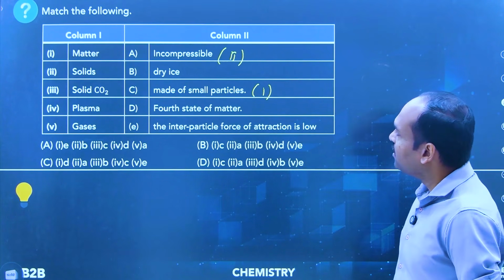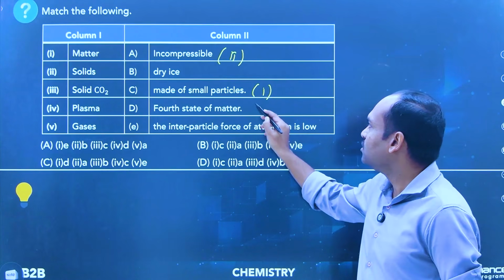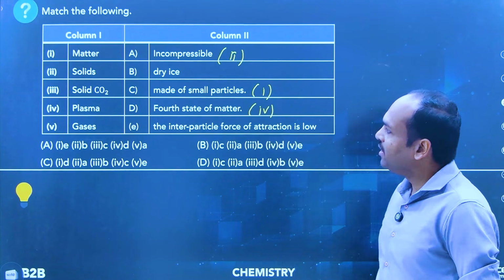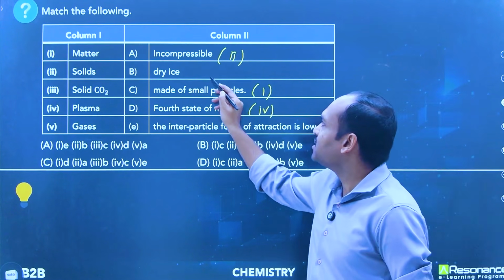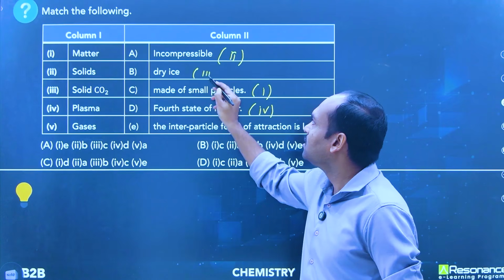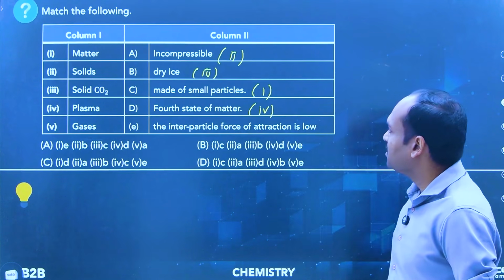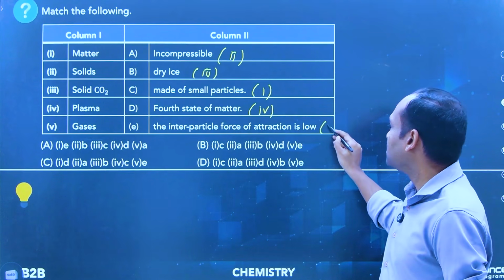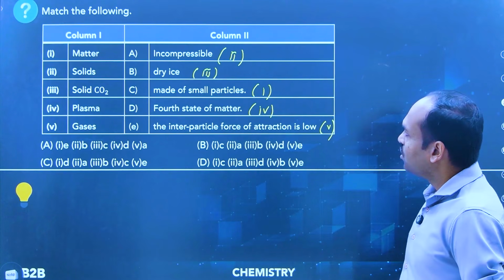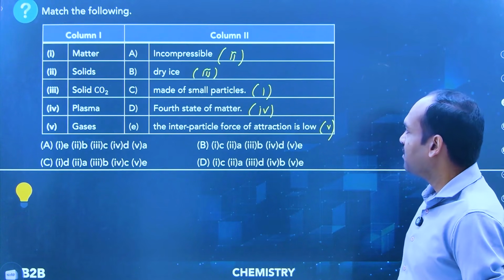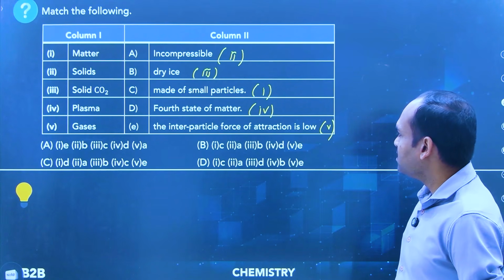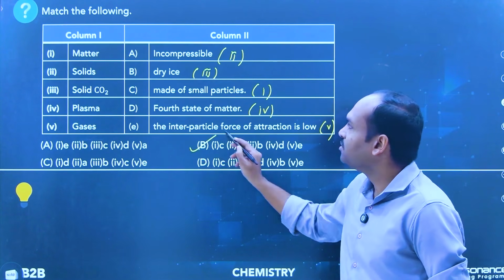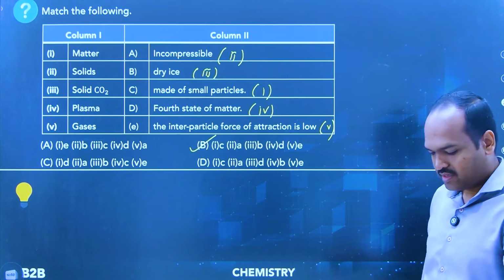And we have plasma. Acha, plasma is the fourth state, so this is fourth. And solid CO2 is dry ice, beta, so this is third. And gases have low intermolecular force of attraction, this is fifth. Okay, so we have to match matter. One, one is C. Second, A, this is B option. Yes, B option. Correct, correct, correct.